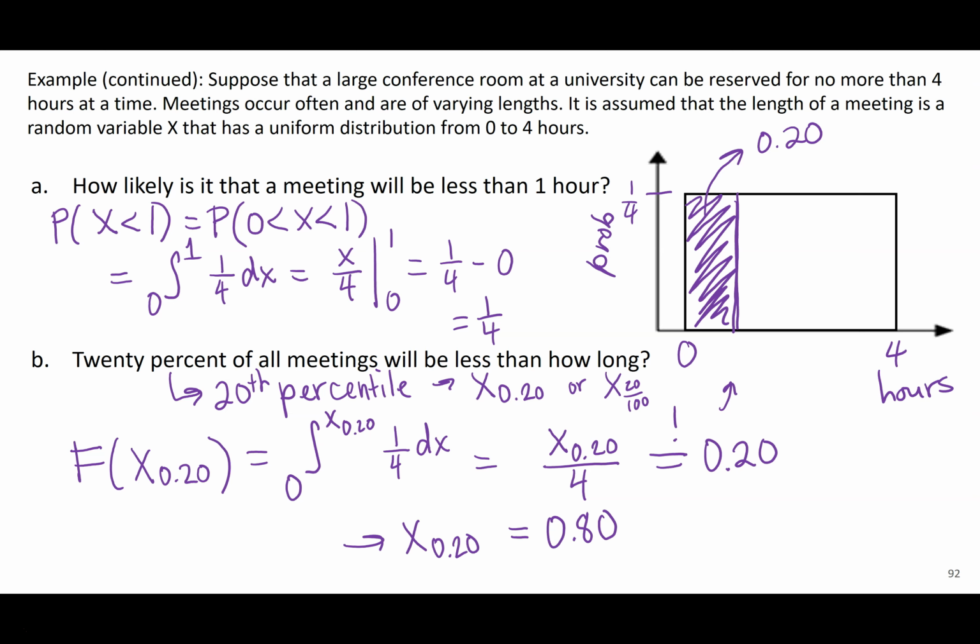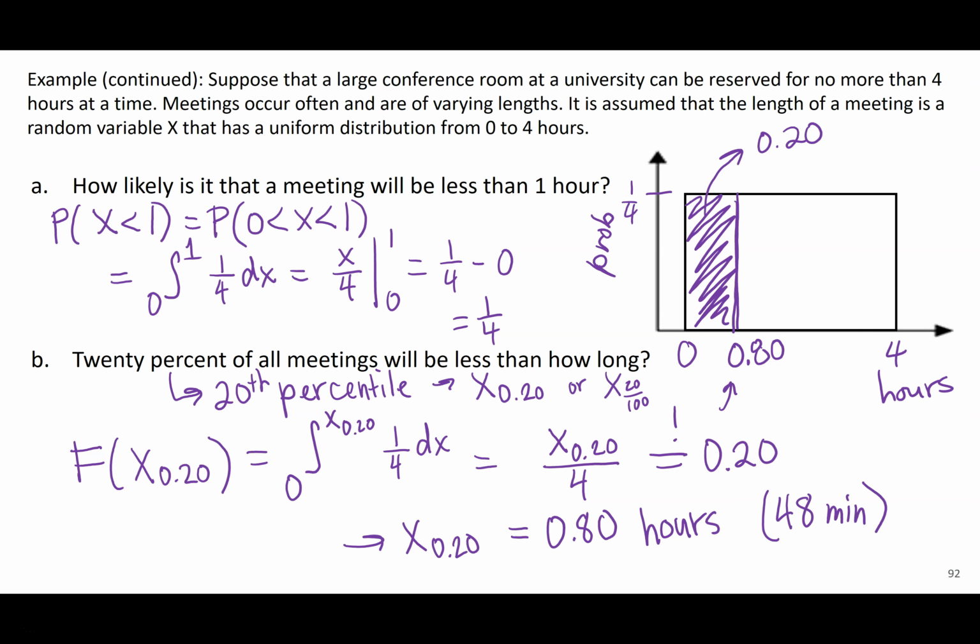So what this is saying is that only 20% of all the conference room reservations are being made for less than 0.8 hours. If you want a translation, you can. I switched to minutes just to understand.